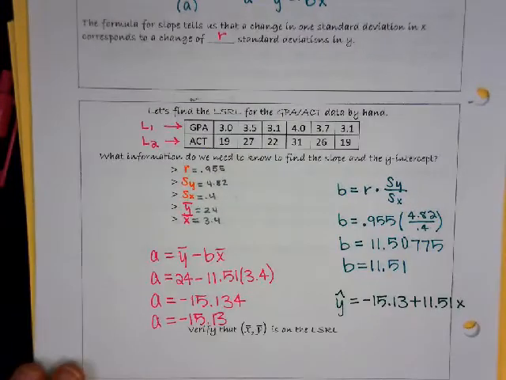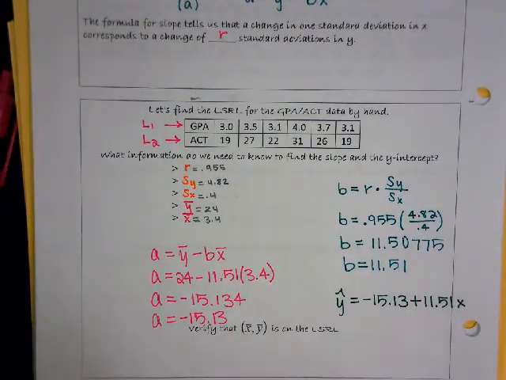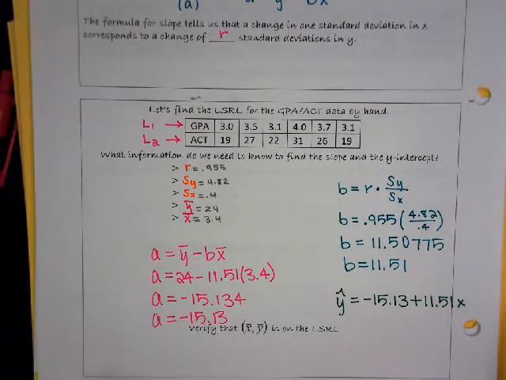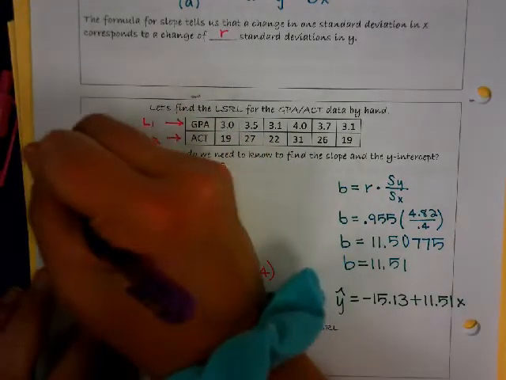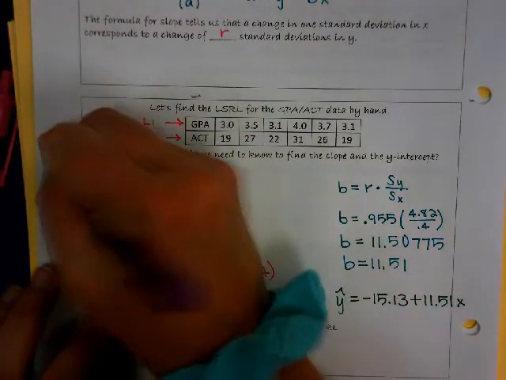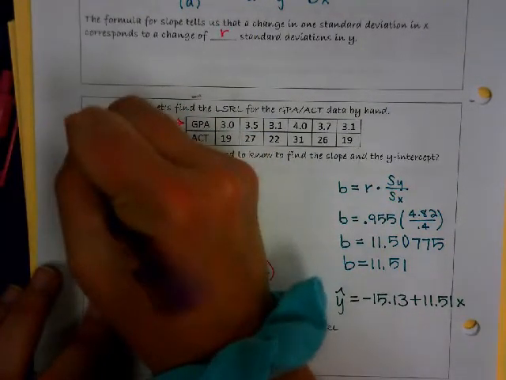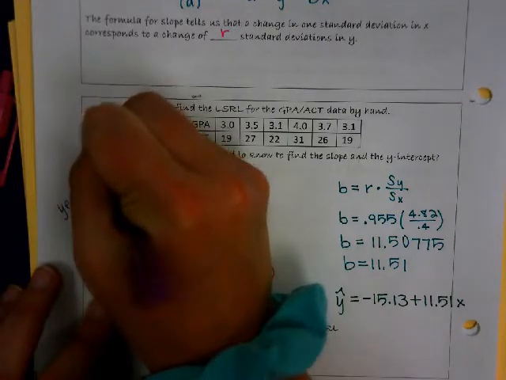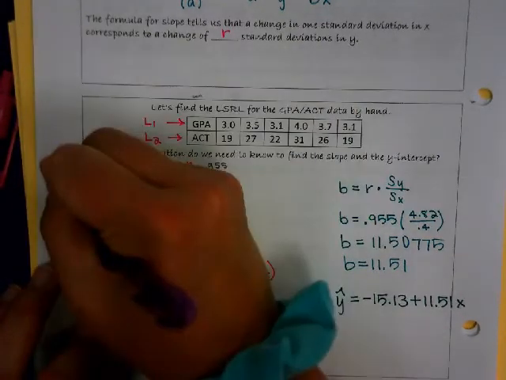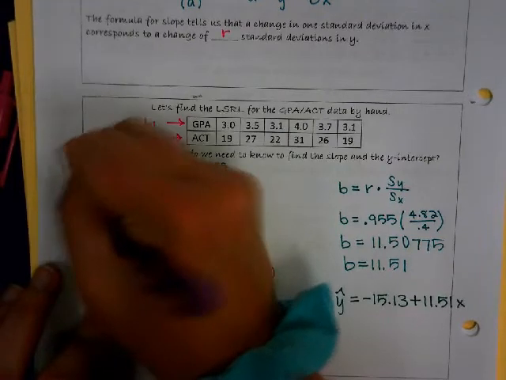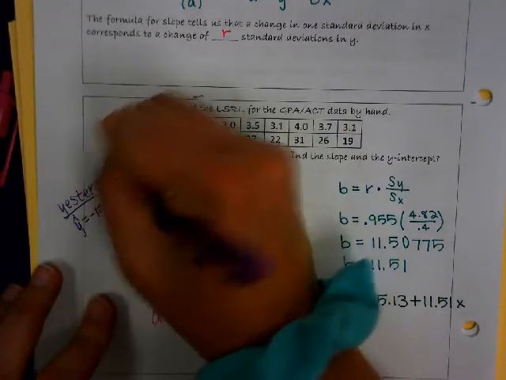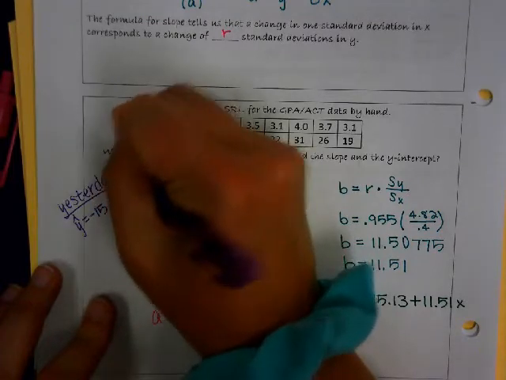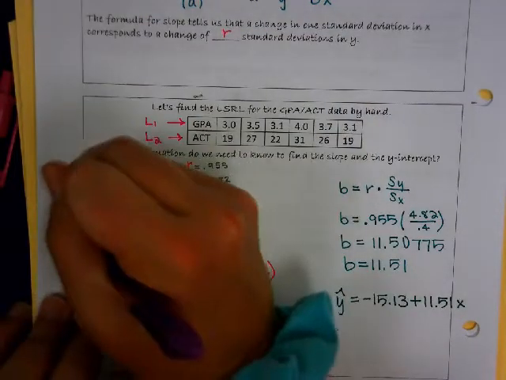Because you weren't here. It was almost the same thing. So yesterday, if you remember when I had you find the regression line using the calculator for the ACT GPA data, it gave us y hat is equal to negative 15.1 plus 11.5 times x.